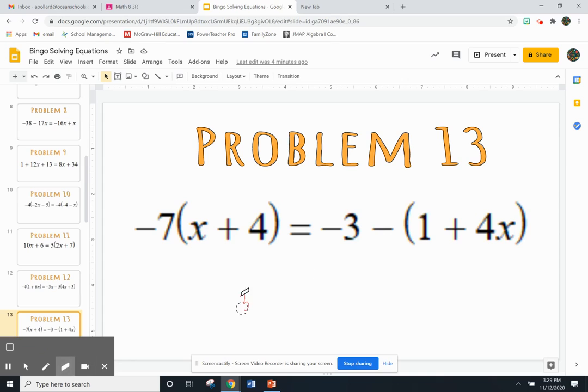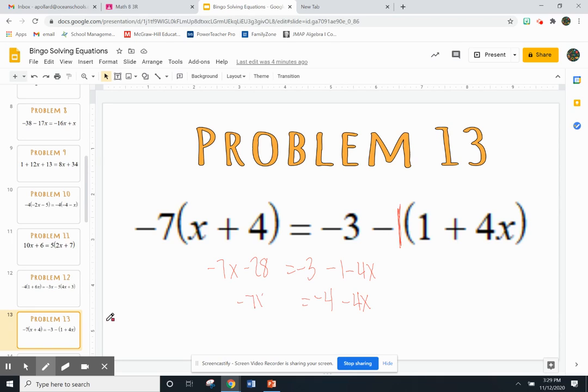Next problem. I get negative 7x minus 28 equals negative 3 minus 1 minus 4x, because remember, this is the same thing as negative 1 on the outside. So this becomes negative 4 because you combine your like terms, minus 4x equals negative 7x minus 28.